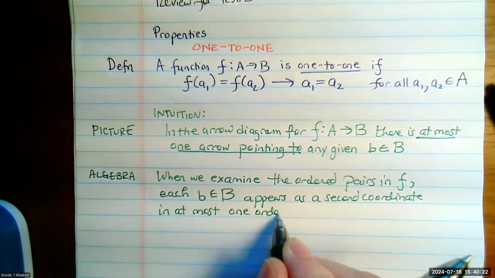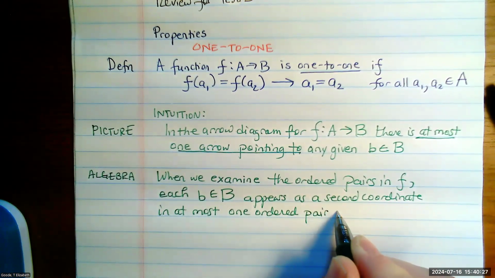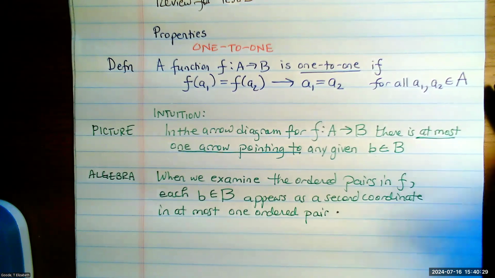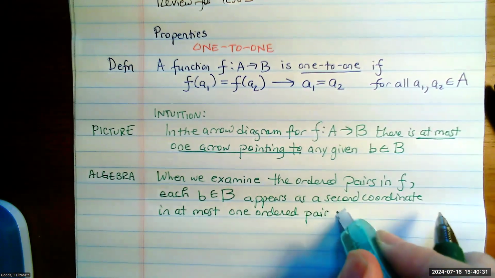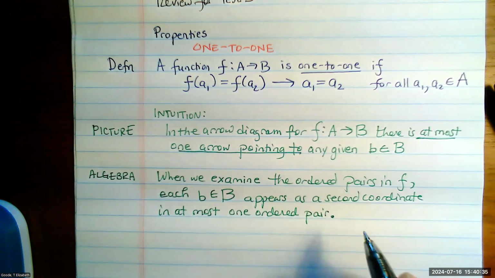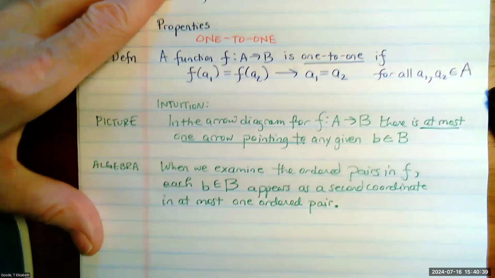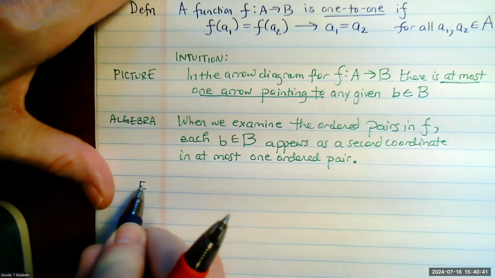In other words, we don't want to see any little b appear as the second coordinate in two different ordered pairs.